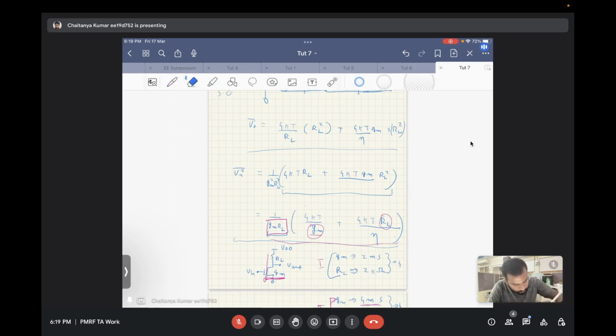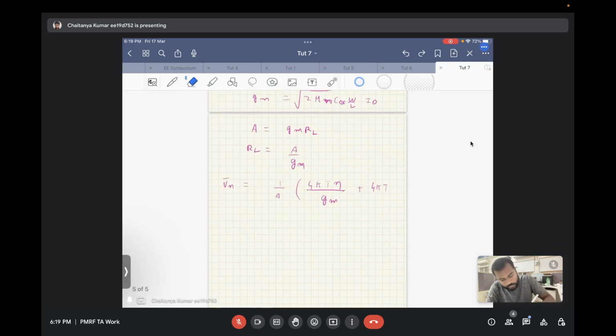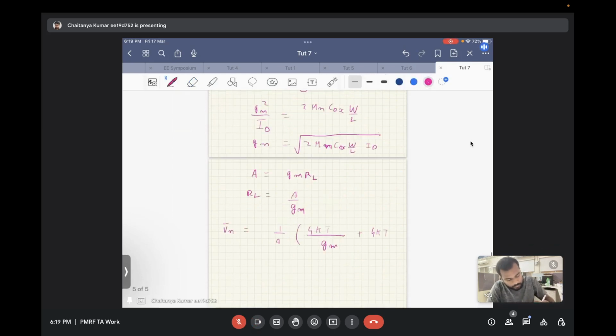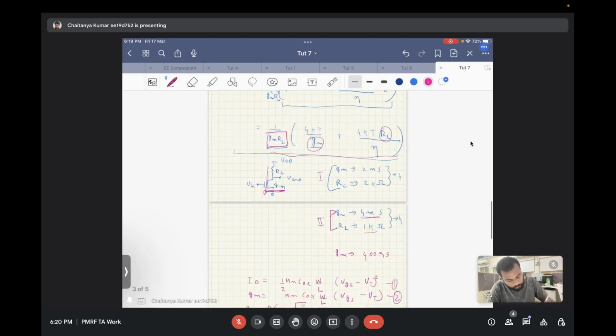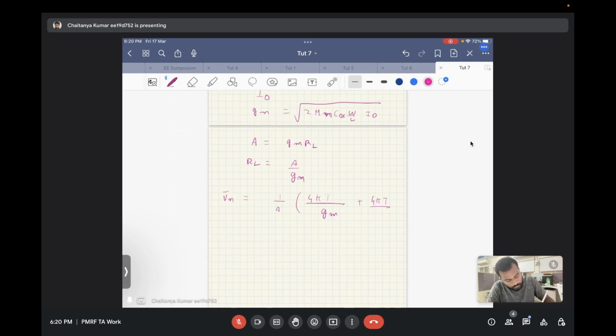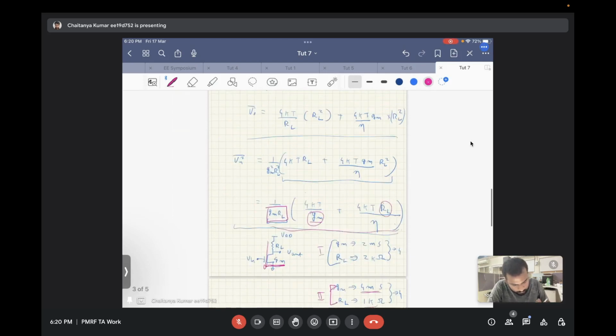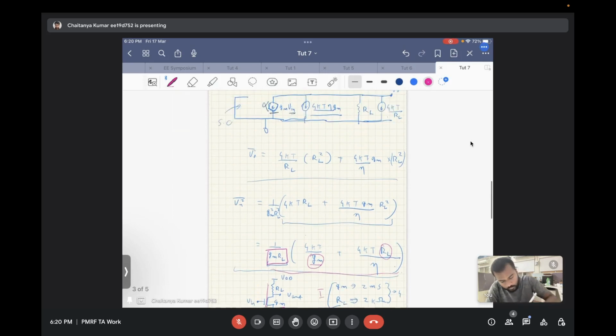Sorry, there's a small mistake over there. Just a minute. No, it's correct. Fine. 4 kT by GM plus 4 kT by eta. Wait a second. So eta will come in the numerator over here.